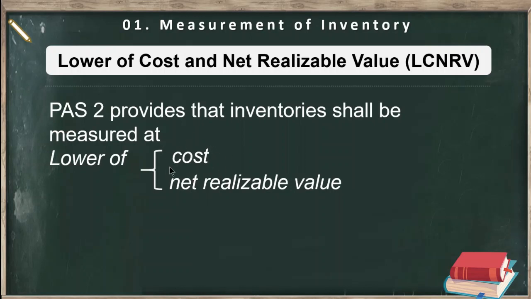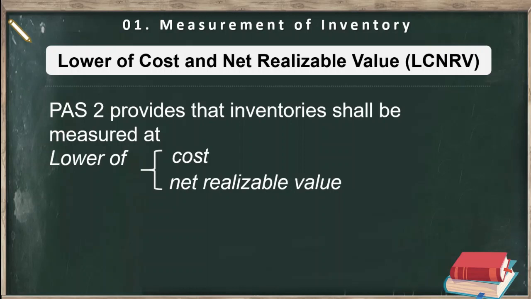We already know what is cost, so it will include the purchase price and other directly attributable costs to bring the asset to its present condition or location. And we also had the inventory cost flow methods that will help us determine how much would be the valuation of our inventory according to cost.